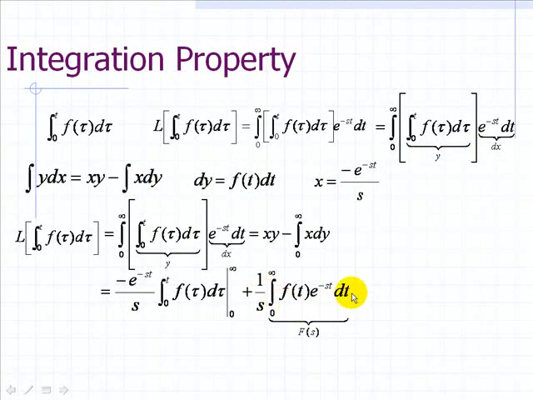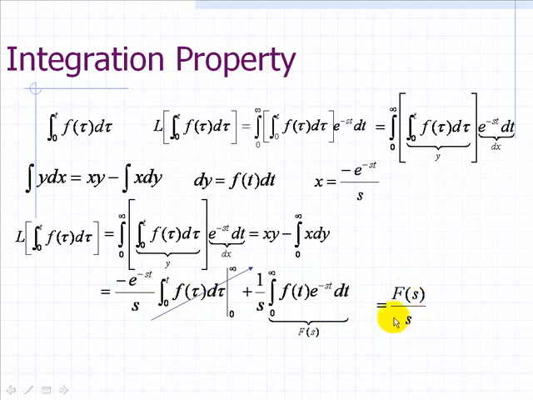But we look at this expression in the second term of this equation, and we recognize that's F of s. And this expression here goes to 0, because when you substitute infinity right here, this goes to 0.